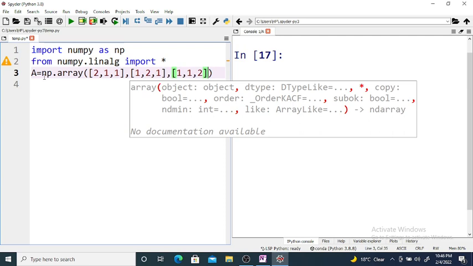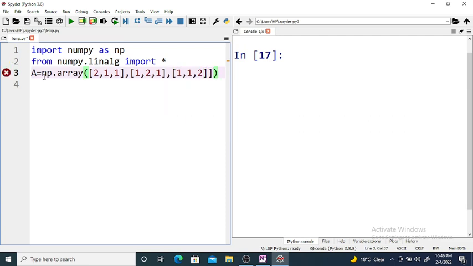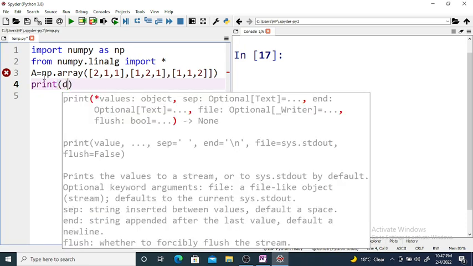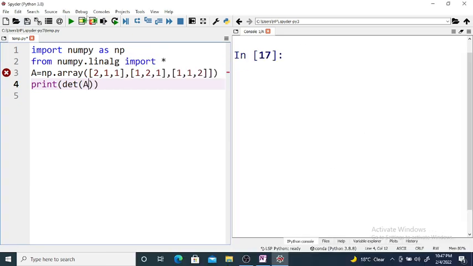And if we want to evaluate the determinant of this matrix, then just write print, determinant of A.